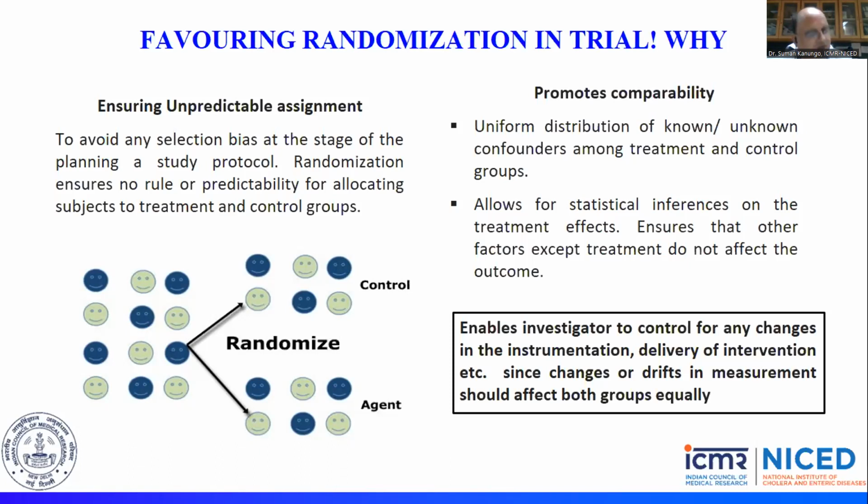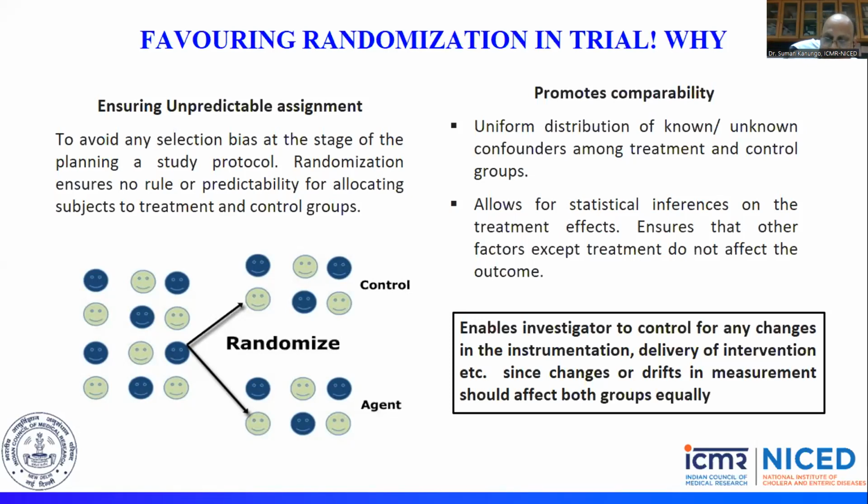Some error may creep in, but the narrower the interval, the higher the precision, and the smaller the unknown error. This enables the investigator to control for any changes in the instrumentation, delivery of intervention, etc., since changes or drifts in measurement should affect both groups equally.